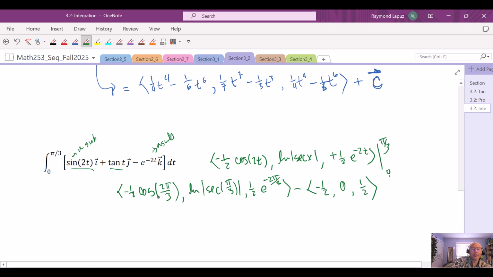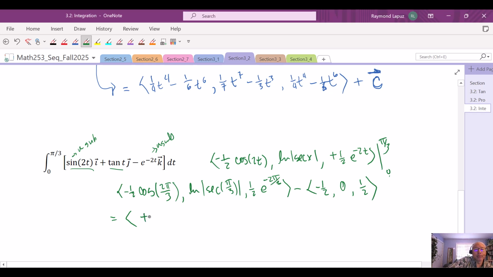Cosine of 2 pi over 3 has a reference angle of pi over 3, sorry. Cosine of pi over 3 is 1/2, and put that in the second quadrant. The cosine is negative, so that's a negative 1/2. So negative 1/2 times negative 1/2 is negative 1/4.